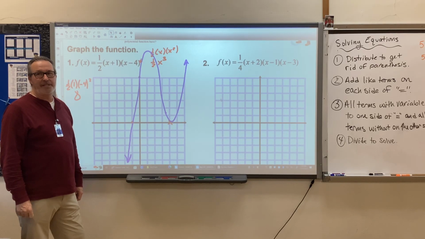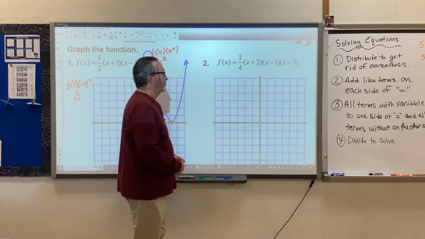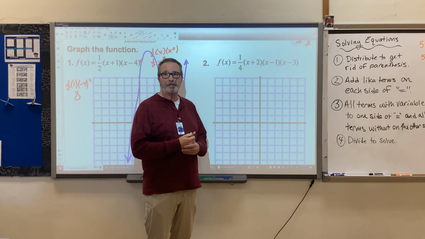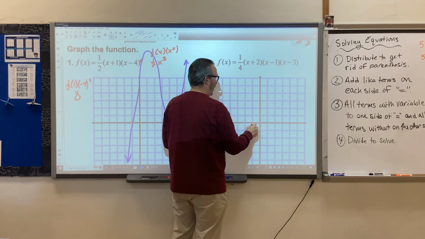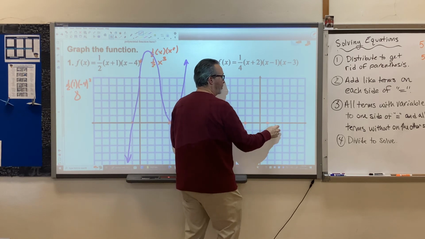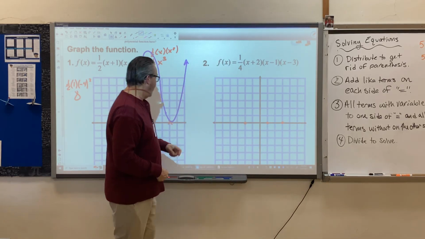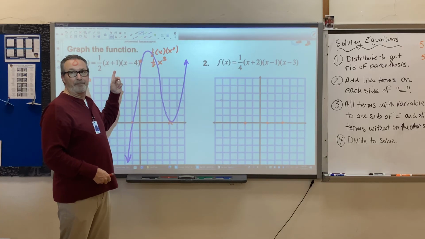Do you know where it crosses the x-axis? What numbers? Okay, you're telling me -2, yes. +1, yes. +3, yes. Does it ever bounce off the x-axis, or does it go through every time?